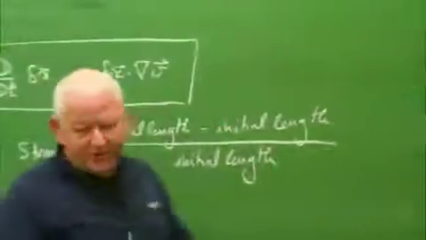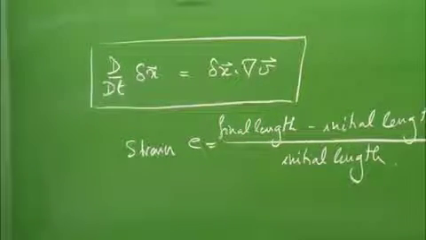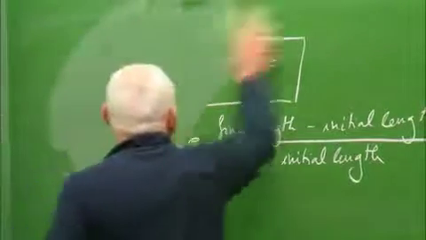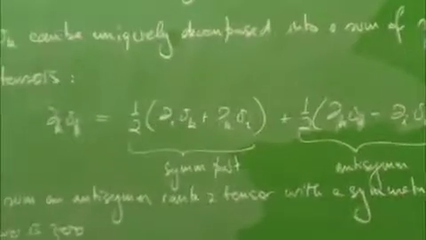There is a long way to do this, and there is a short way to do it. The long way to do it is to write it all out. And when it comes to tensor notation and index notation, if in doubt, write it out. It's a good principle to follow.